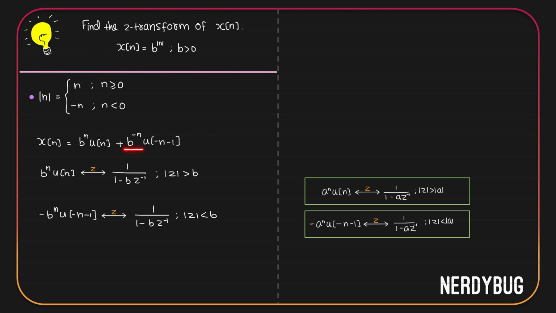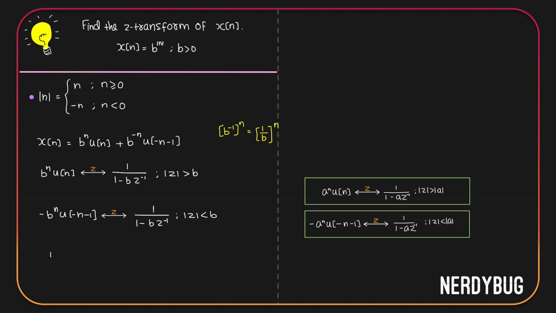But over here, instead of b raised to n, we have b raised to minus n. B raised to minus n can be written as b raised to minus 1 to the power n. But b raised to minus 1 is 1 by b, so we can write it as 1 by b to the power n.